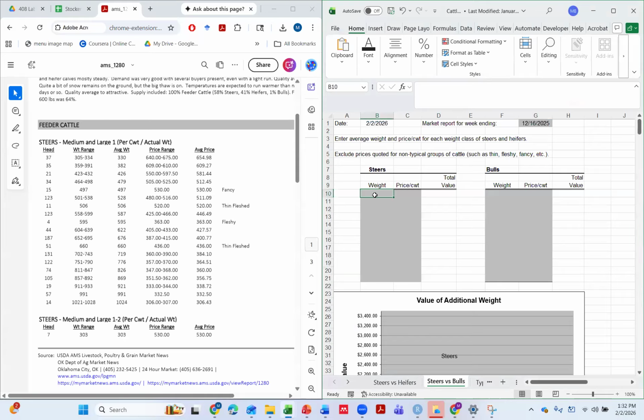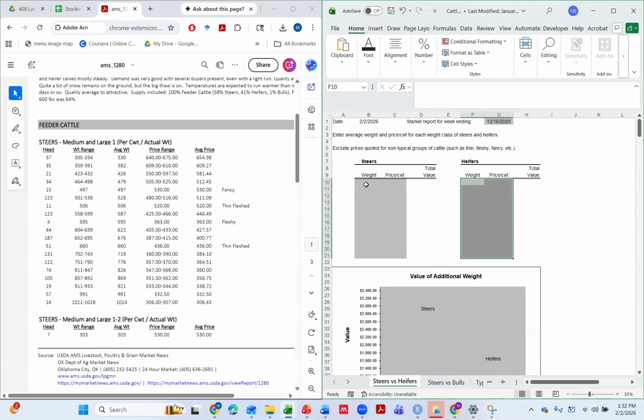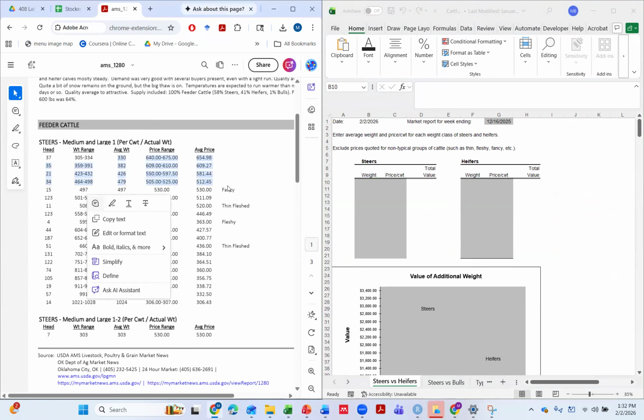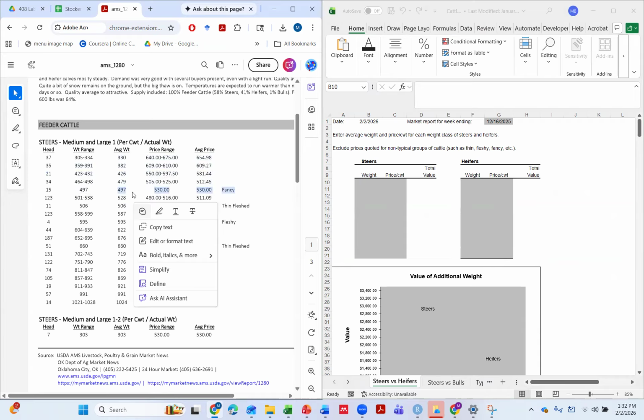All right. So here we have steers, medium and large frames. We're going to do steers versus heifers. So first one, we're only going to take these ones that don't have a classification out here on the right. Okay. So if you guys remember this fancy designation, a 497 pound animal that is designated as fancy will bring in more money than a 479-pound animal who does not have that designation.